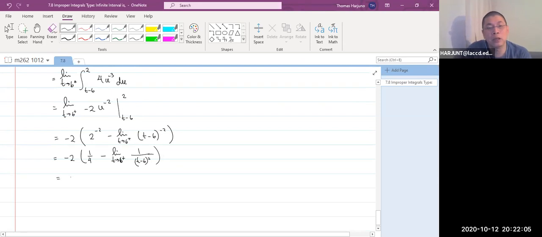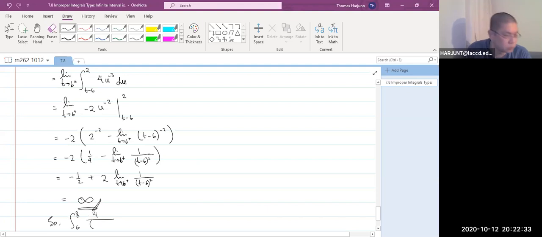That will be negative 1/2 plus 2 times such a limit, which means this goes to infinity. So the integral from 6 to 8 of 4 over (x minus 6) cubed dx is divergent.